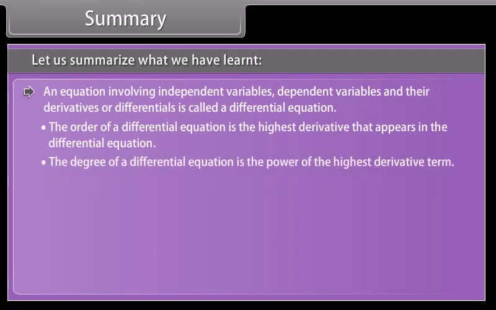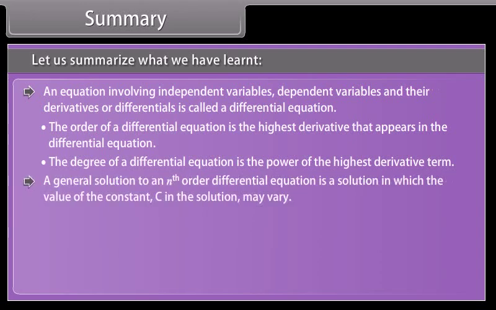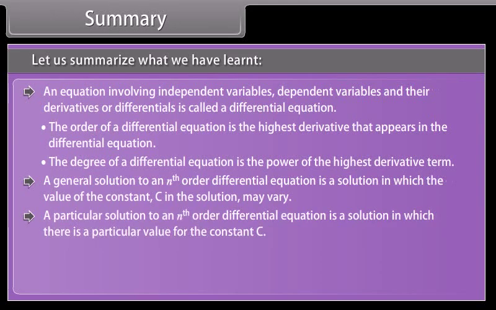The degree is the power of the highest derivative term. A general solution to an nth order differential equation is a solution in which the value of the constant C may vary. A particular solution is a solution in which there is a particular value for the constant C.